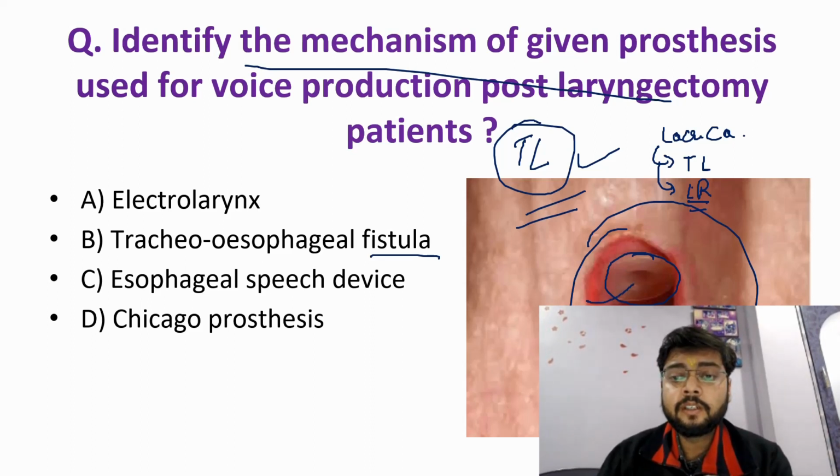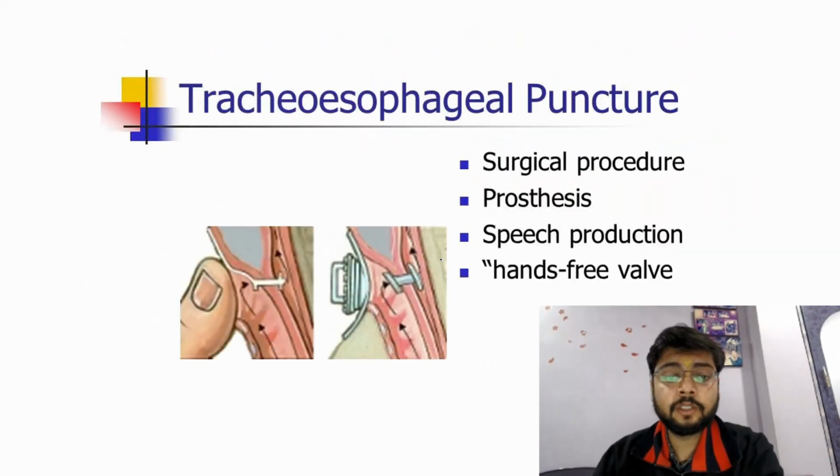Air will enter from the lungs into the esophagus to produce the voice. So we have to close the opening to speak, so that the air that is present in the lung enters through this fistula into the esophagus and the person can speak, because we have removed the voice box of this total laryngectomy patient. So this is tracheoesophageal fistula.